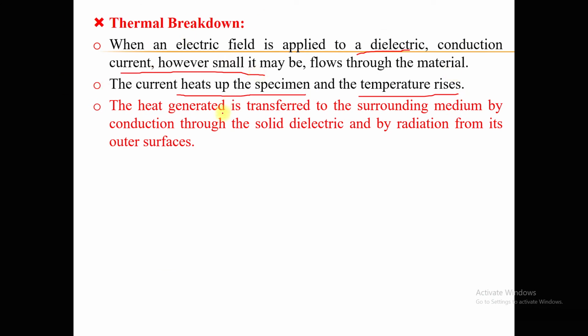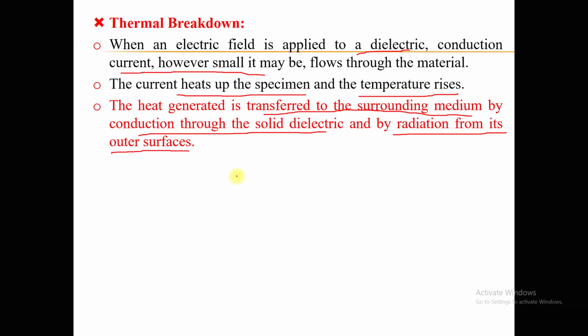Then once the heat is generated, it will be transferred to the surrounding medium by conduction through the solid dielectric and by radiation from its outer surface. So once the heat is produced, there are basically three processes. One is the conduction, then whatever heat has been conducted is then convected towards the surface of the solid dielectric, and from the surface of the solid dielectric the heat is radiated out.